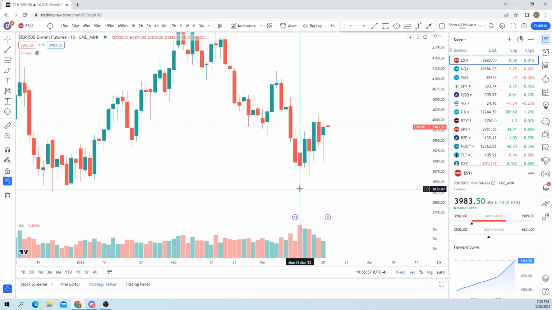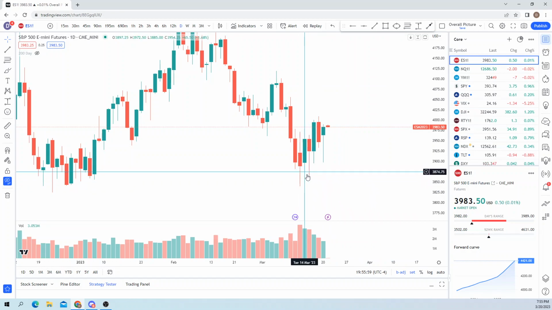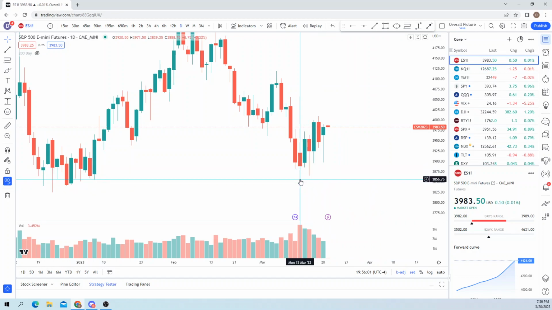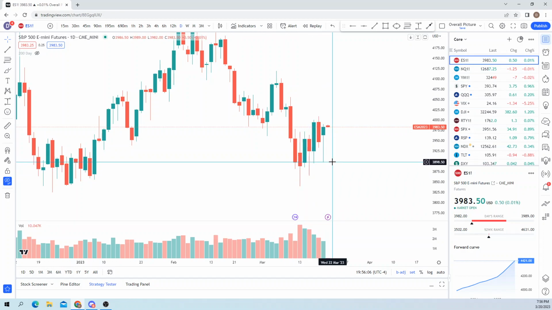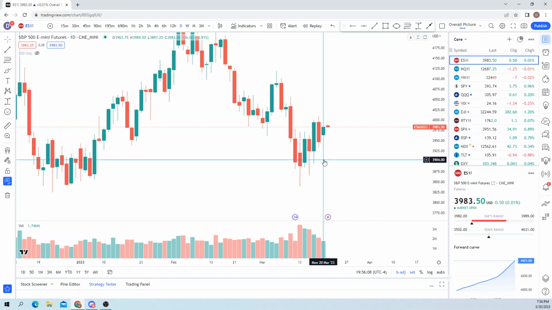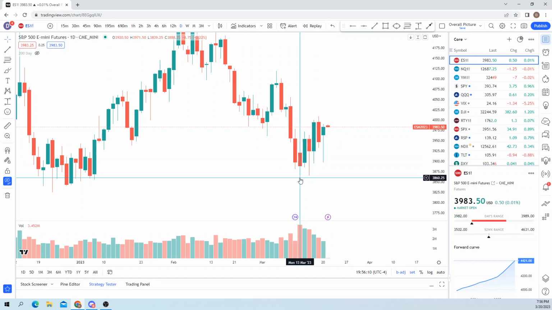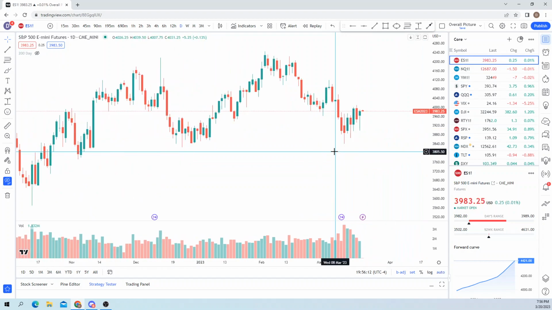Okay, so see how the second pullback was at a higher low, and then the third pullback was at a higher low than that, and so on and so forth. So today was the fourth higher low since last week.